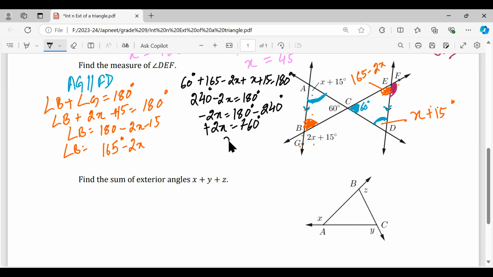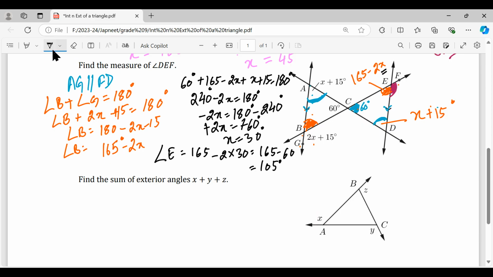So you get x equals 60 degrees. Okay, so we can find the value of angle E by plugging in the value of x. So angle E equals 165 minus 2 times 30, and that is 165 minus 60, that gives you 105. So angle E is 105.